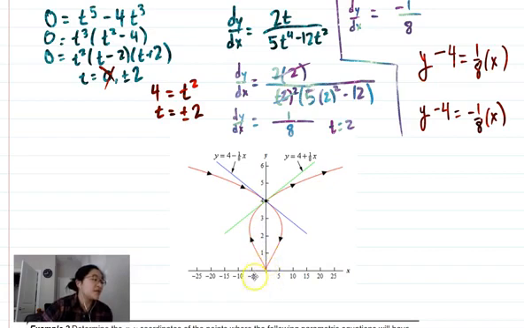We see that we have that t = 0 that we were looking at before, but that doesn't give us the same output of y is 4, so this is our only location that we're looking at, and we're looking at 2 different tangents. We got the blue and the green lines. The little triangles indicate the direction of the parametric curve. As we plug in different increasing t's, our curve goes in this direction.